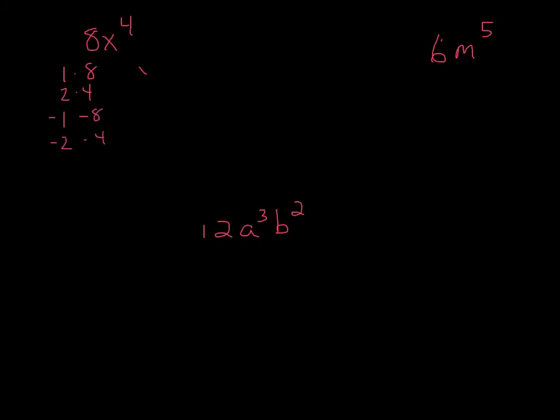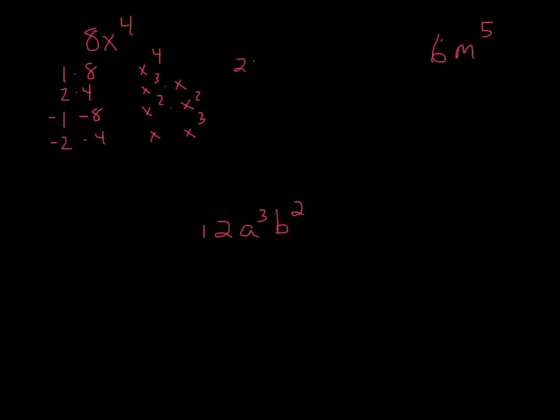X to the fourth, you'd have x to the fourth, x to the third times x, x squared times x squared, and then you could flip them, right? So you could do x times x to the third. So 3 different ways of putting this together. Just pick any 3 you want.